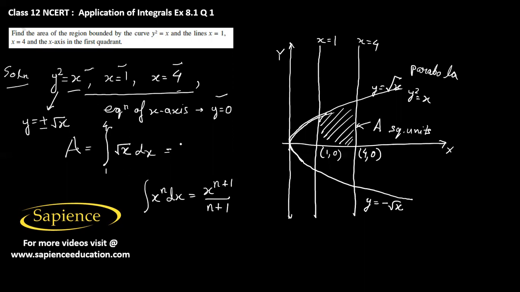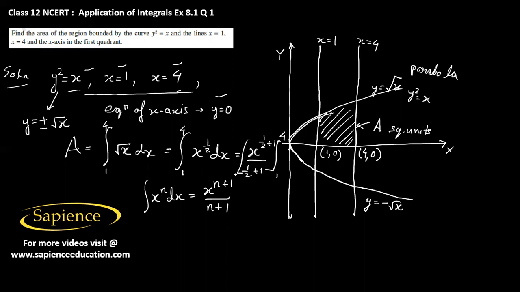Here the power of x is obviously half, since it is the square root. So that will be x power half plus 1 by half plus 1, and the limits are from 1 to 4.